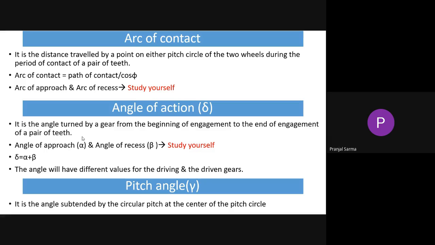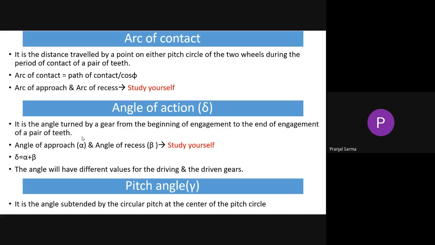Now the angle of action is during the starting of engagement to the end of engagement of a particular pair of teeth. The gears are rotating, so during that time, they will rotate by a particular angle, and that angle is known as the angle of action. Once again, just like the previous cases, we have the angle of approach and angle of recess, and if we add them up, we get the total angle of action.